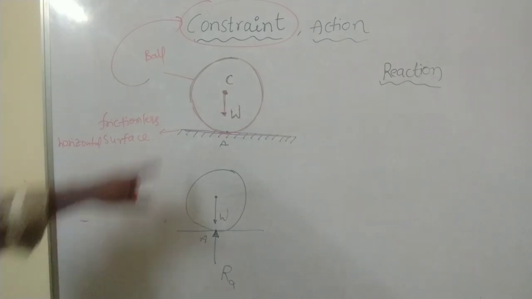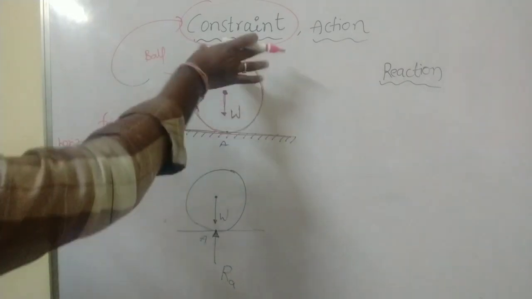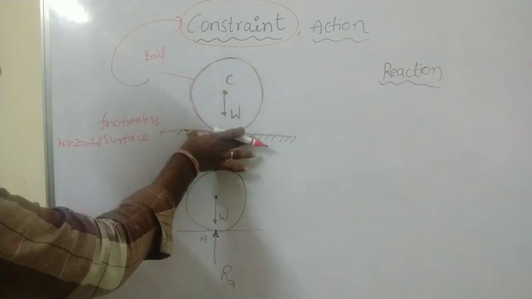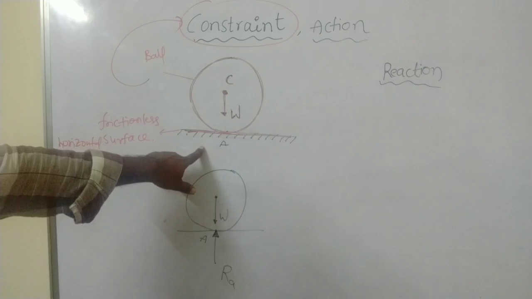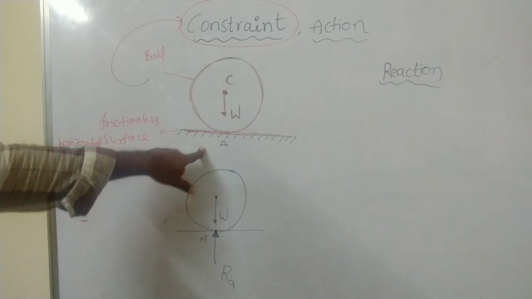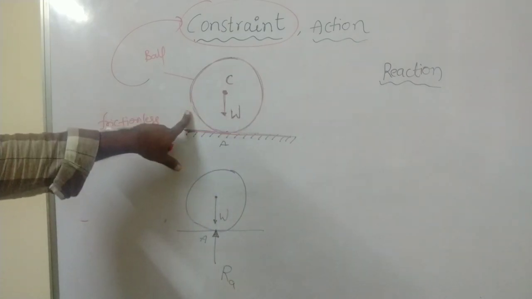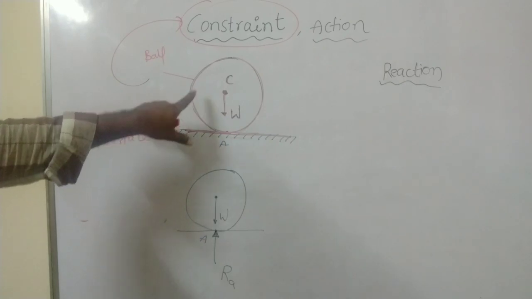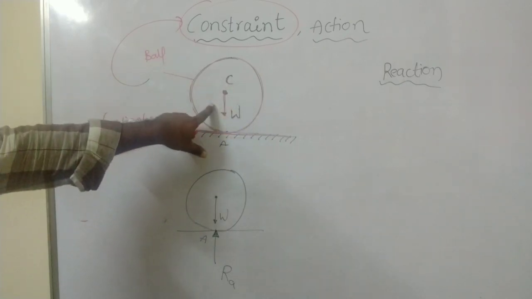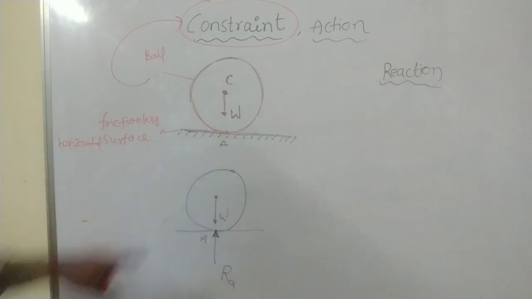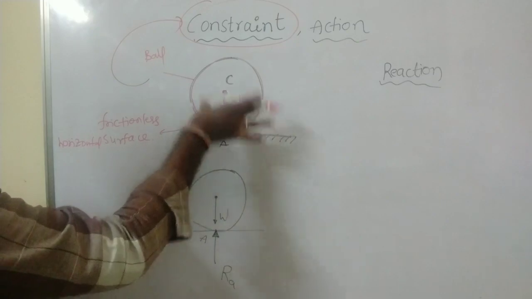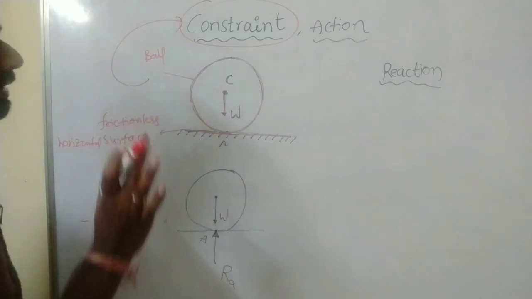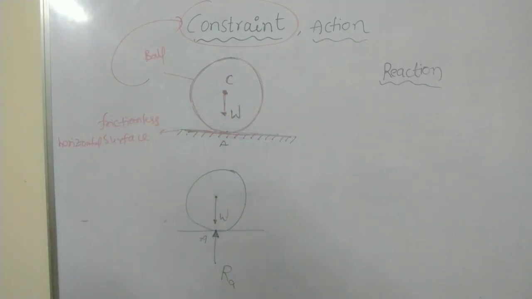Clear? So the definition of constraint: a ball resting on a frictionless horizontal surface cannot move vertically downwards, because the horizontal surface restricts the motion of the ball in the downward direction. That is known as constraint.